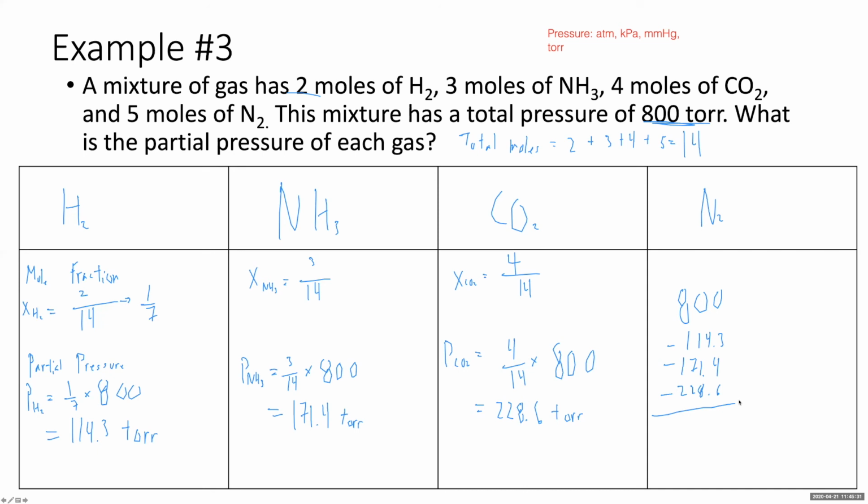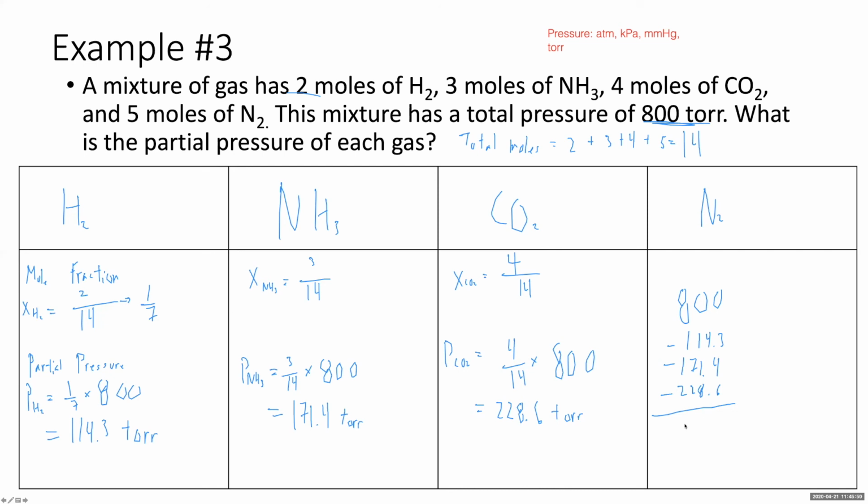So 800 minus 114.3 minus 171.4 minus 228.6. My calculator made an error. There we go.